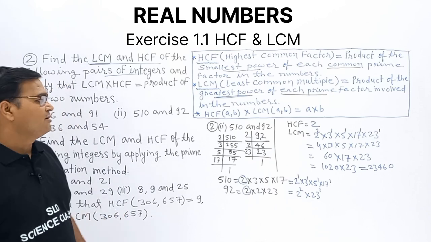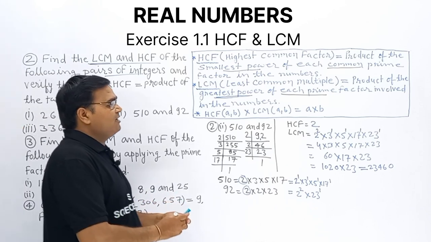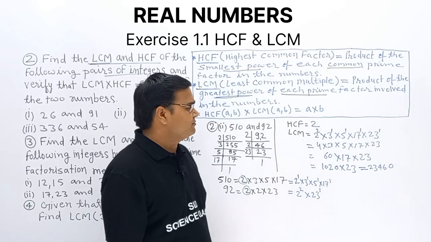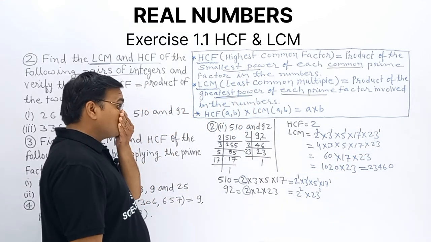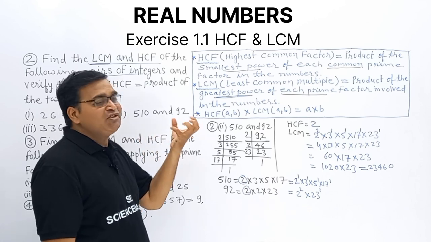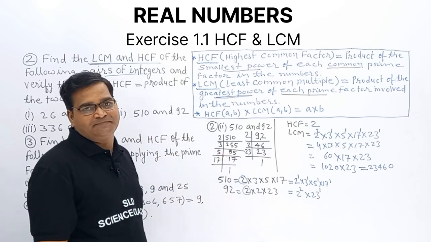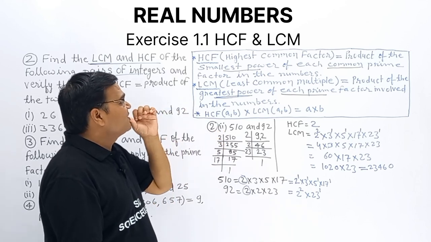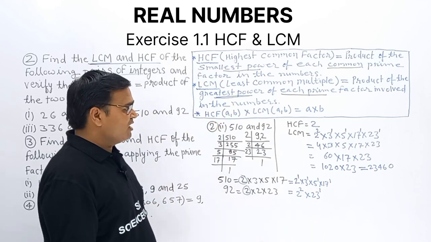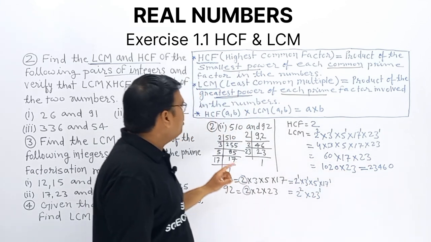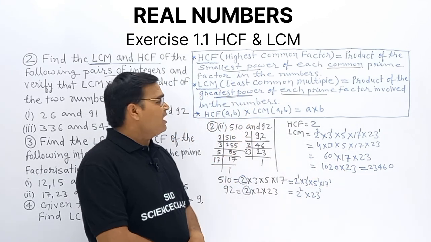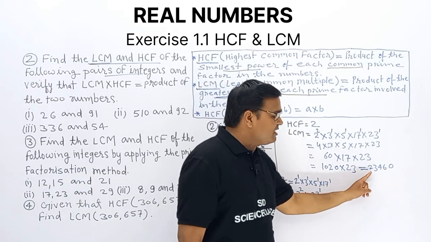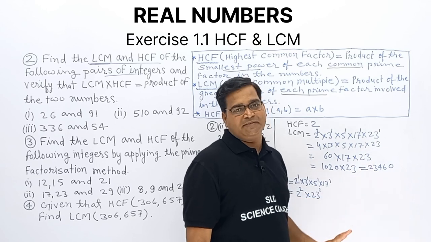510 and 92. Now one question is there: what is the use of this number? Why are we finding the LCM? LCM is the least common multiple. This is a number such that if we divide by 510 it is divisible. This is a common number.